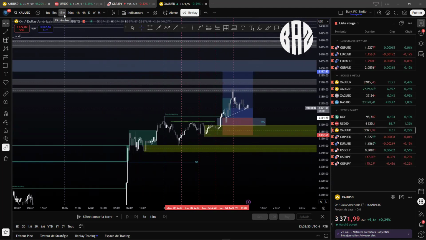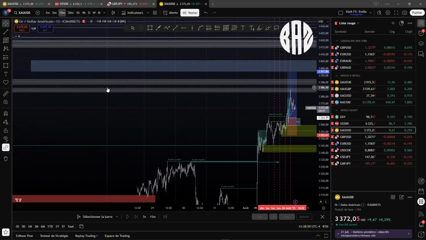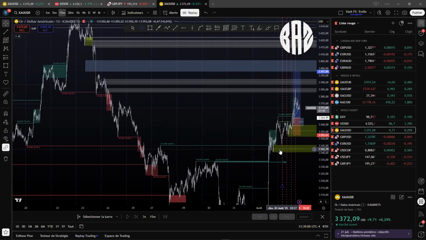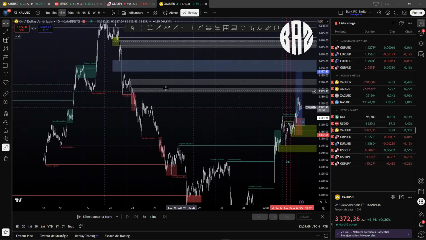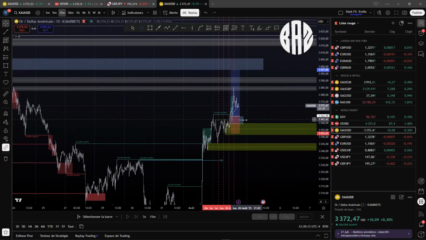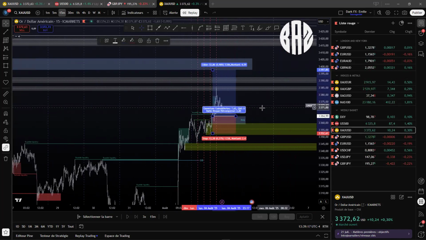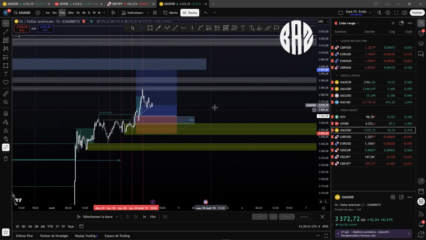But be careful. When you come on M15, the BAZ indicator can help you because the green one is order blocks and the gray one are order blocks or breaker blocks. And when you see that, you have the breaker block here. When price comes back and reverses on a breaker block, you need to be careful. Why?